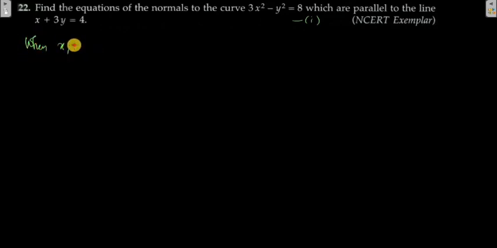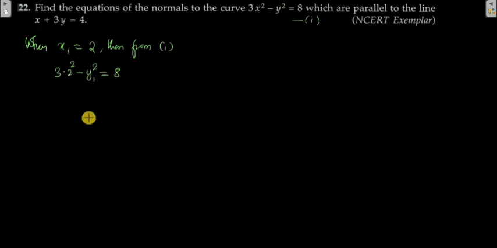Now when x1 is equal to 2, I'm taking positive. Then from 1 we have 3, so in place of x I'll write 2. So you get 2 square minus y1. So y1 square is equal to 8, right?